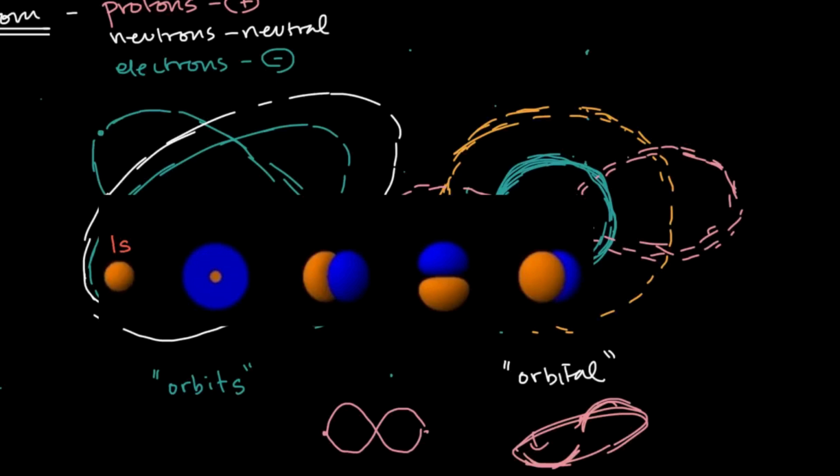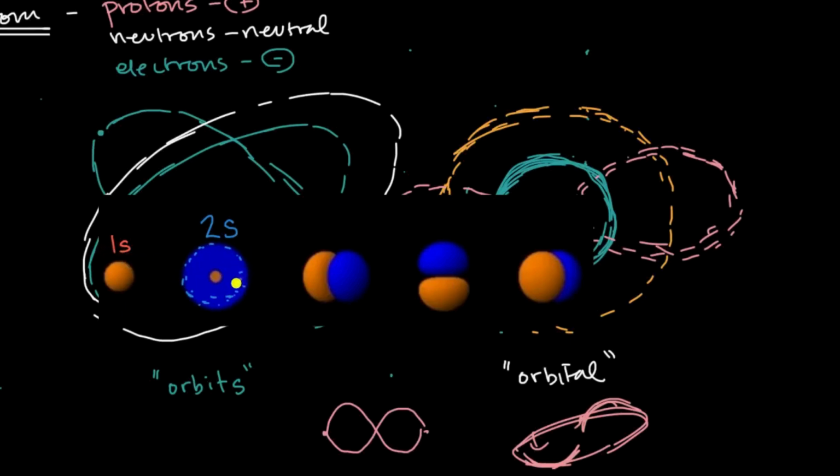If you give even more energy, then that electron might jump into the second energy level, or the second shell. And the orbital in that second shell, which would be the default if it's the lowest energy in the second shell, would be the 2s orbital. Once again, you have this spherical orbital. It's just more likely to be found further out than when it was just in the 1 shell.